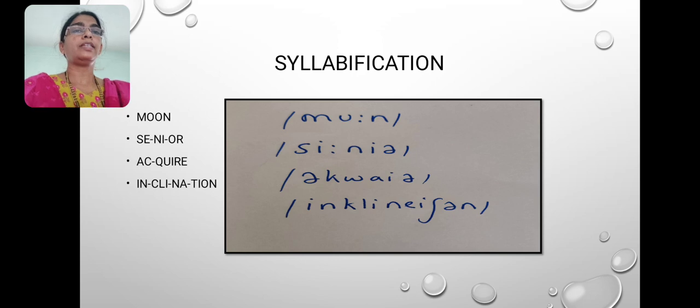So we write it in this way, senior. Here we have got one vowel sound in ni, senior. This could be taken as one diphthong also, senior.